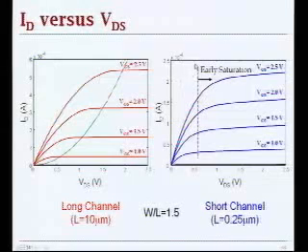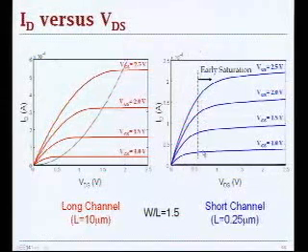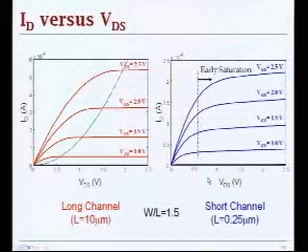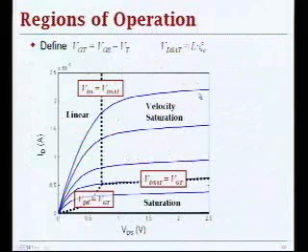So the first simplification is that this velocity saturation boundary is basically occurring for all of the VGS points at the same VDS. So we have just a straight line over here for the short channel effect, and that's how we define these regions of operation.